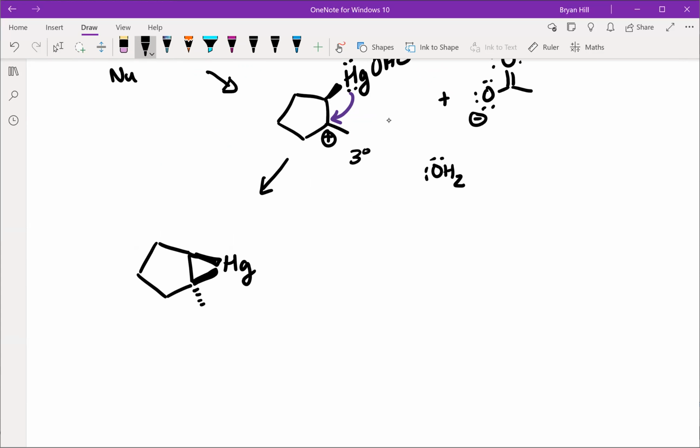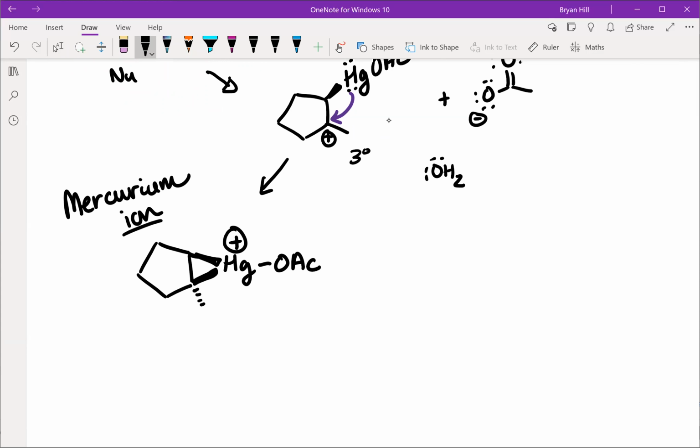Try to draw that as best I can. OAc. Okay, and then mercury is going to now have a positive charge. And so this is what we call the mercurinium ion. I might have spelled that wrong, I'll have to look that up.